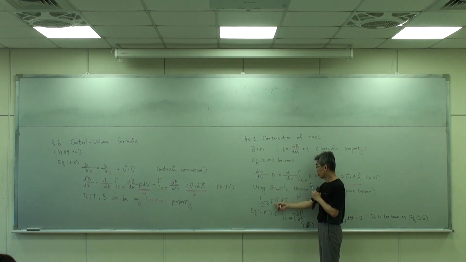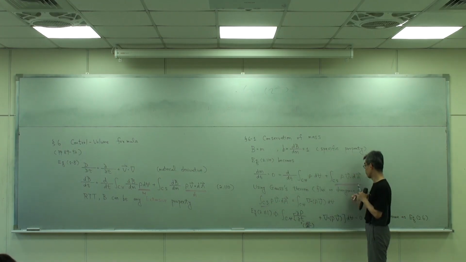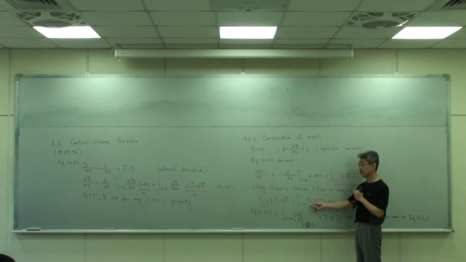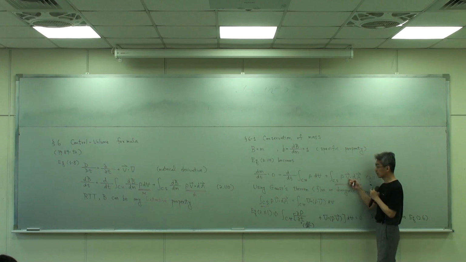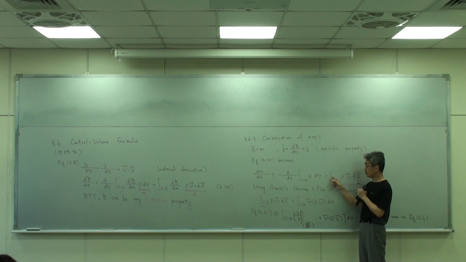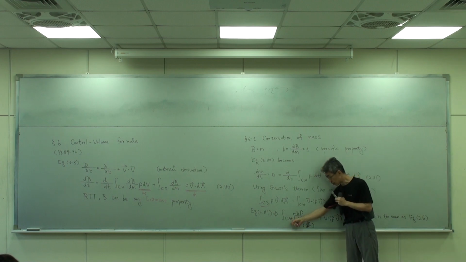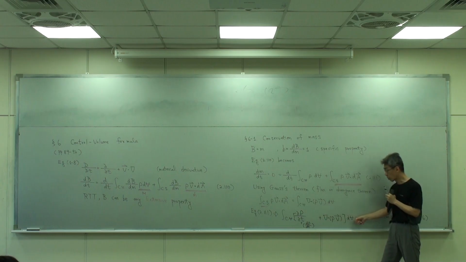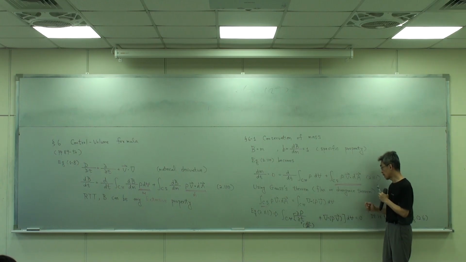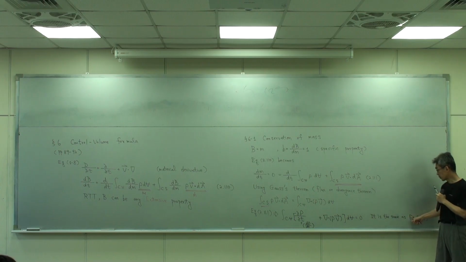Okay, so for this divergence, you can use this flux to represent it. You can substitute this into here, so you can see there will be a plus to the control volume. For this control volume, you can rewrite this equation. This equation is the same as the differential equation we used in mass conservation.